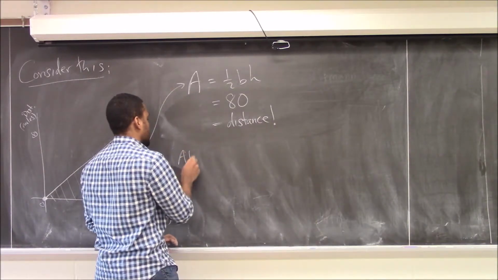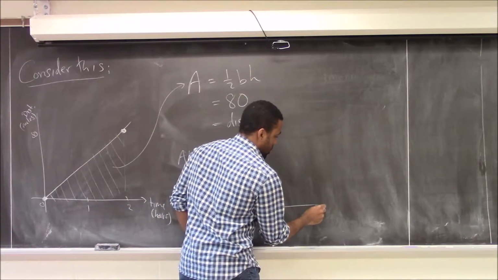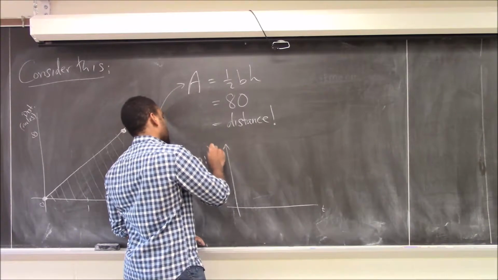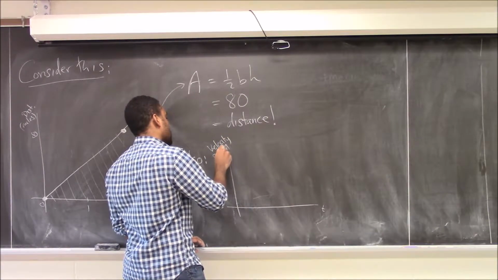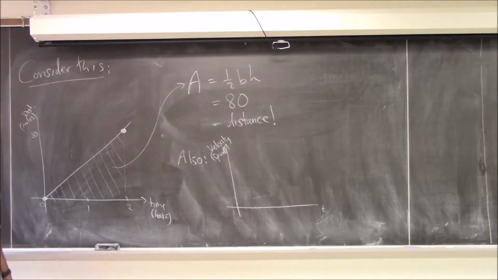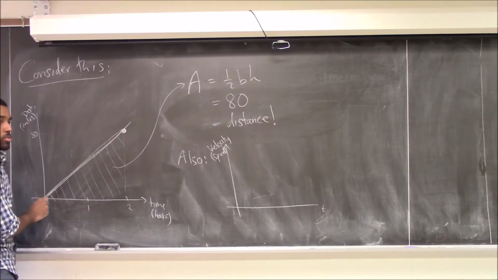Also, what if I were to graph the velocity, right? So let's say I'm graphing here the velocity, or the speed, since it's going to be positive. What would that graph look like? Well, what was the slope of this? It was 40, right?